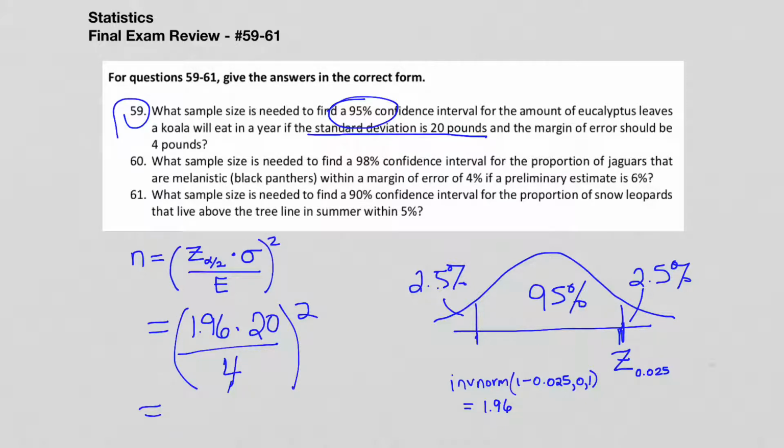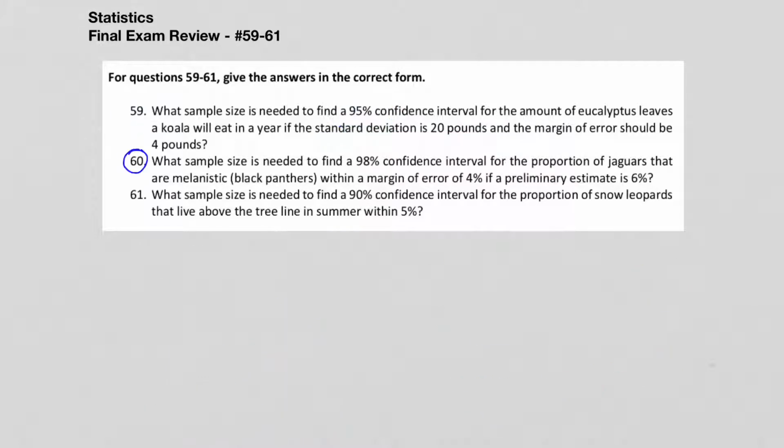When I put this into the calculator, I get 96.04, which means that we need a sample size of 97, since it has to be a whole number, and 96 isn't quite enough, so 97 would be the answer. So it's not a matter of rounding, it's a matter of going up to the next integer. So that's question 59.